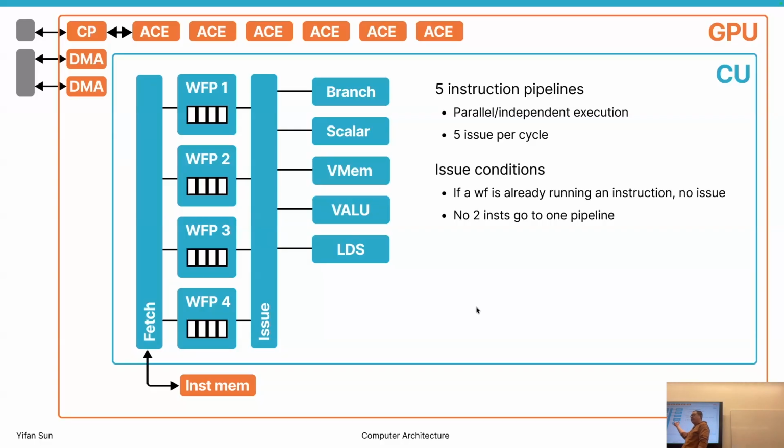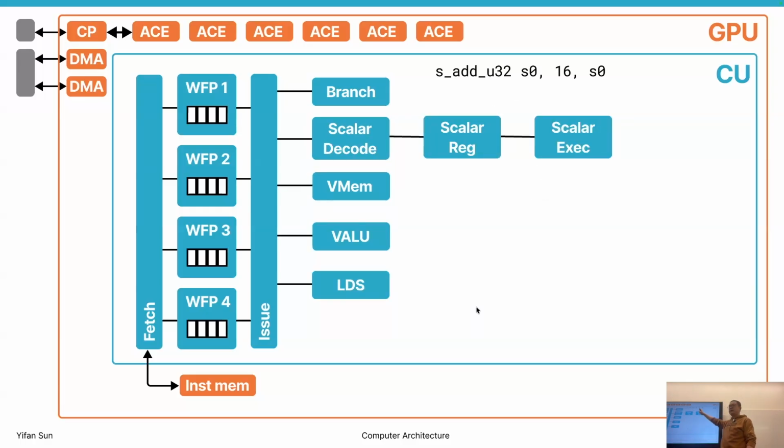So if one wavefront or one warp has an instruction that is already on a pipeline, we do not schedule another one. That is a design that can simplify the GPU architecture. We'll see why it's designed this way, and what it simplifies, in the next few slides.